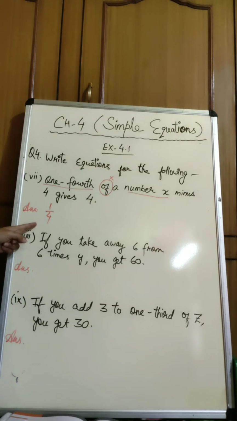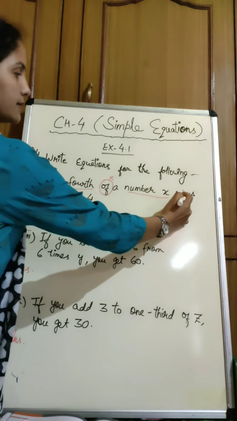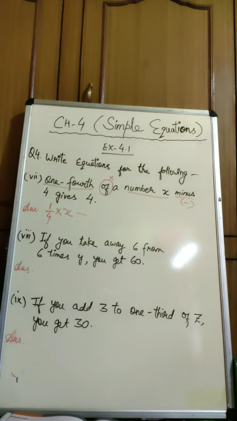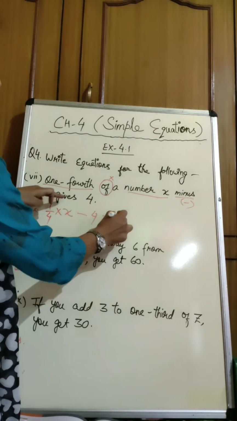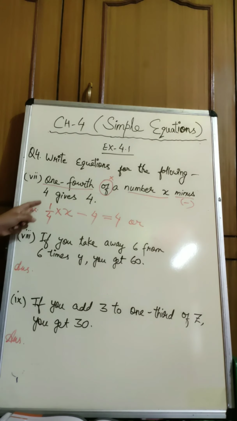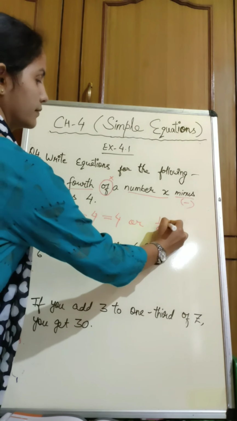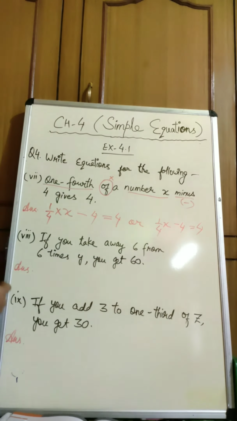So 1 upon 4 into x, minus 4 gives means equal to 4. Or we can write 1 upon 4 into x as 1 upon 4x, minus 4 is equal to 4. Clear? I hope this is clear to everyone.